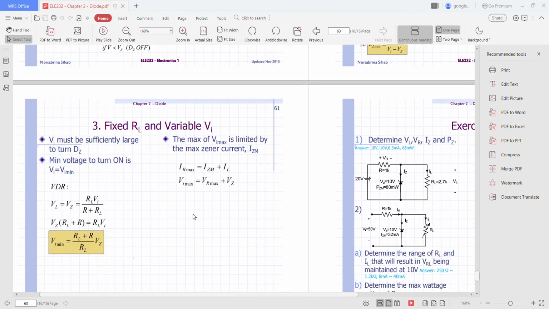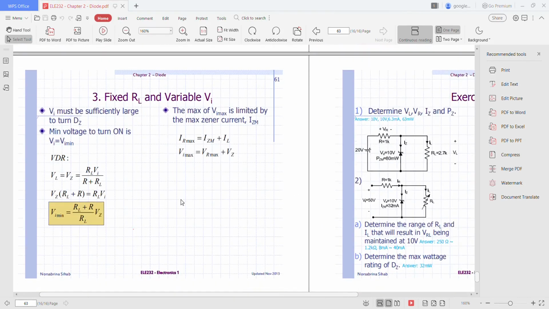Now we go on to the next slide, which is fixed RL and variable Vin. For a fixed value of RL, the voltage Vin must be sufficiently large to turn the Zener diode on. The minimum turn-on voltage, Vin equals Vin min, is determined by this equation.